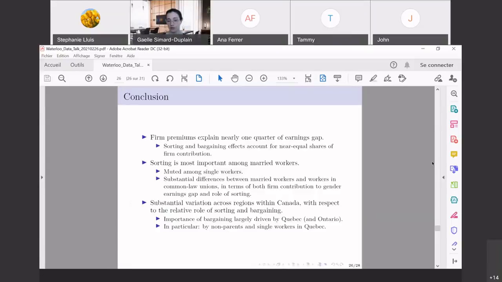Sorting is really important among married workers, much less so among single workers. And there are also important differences between common law and married, which point again to the fact that family composition decisions other than having children are going to interact with the role of firms in people's economic outcomes.